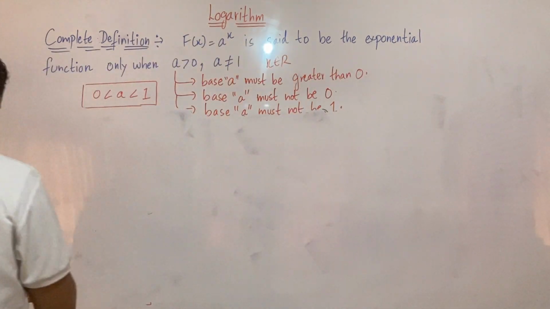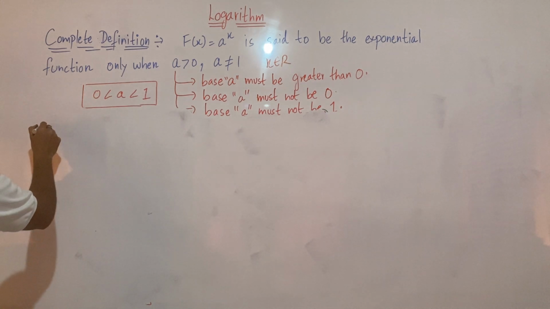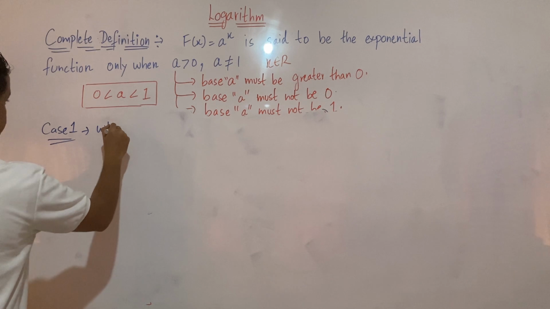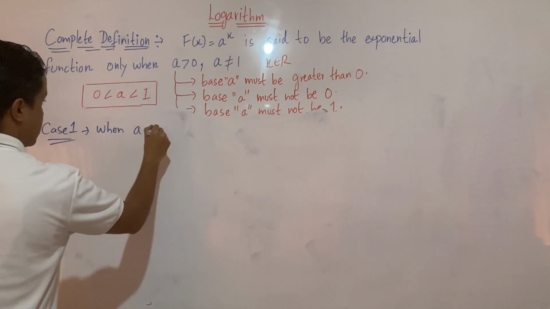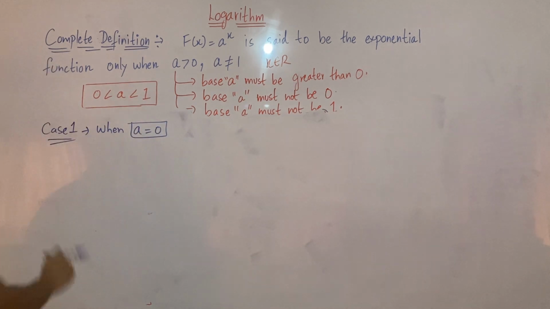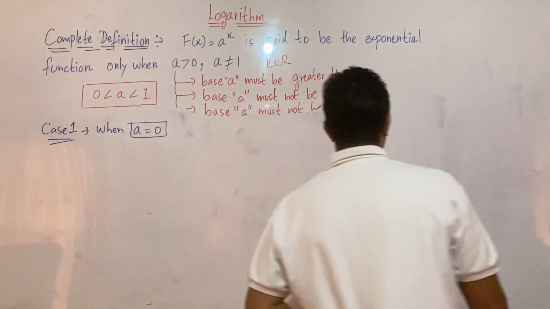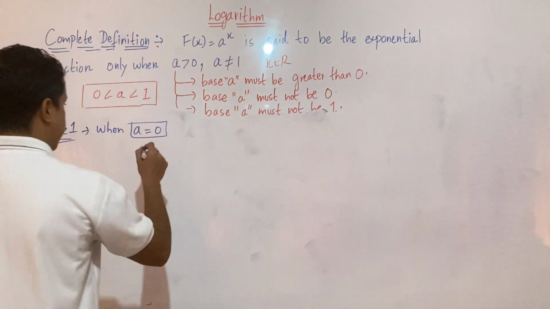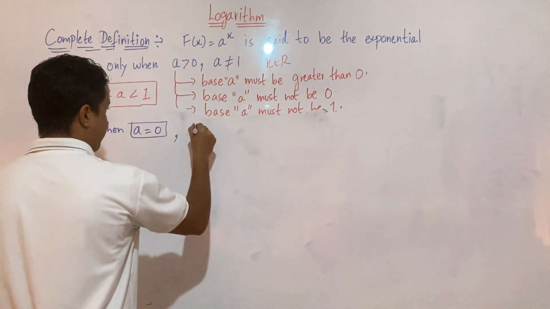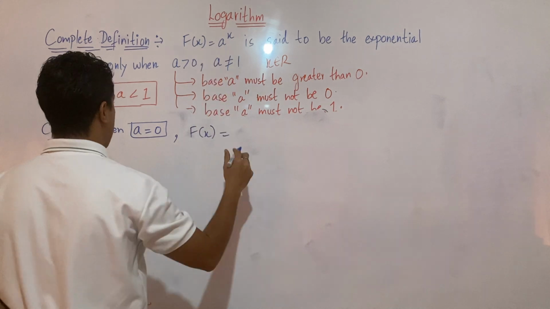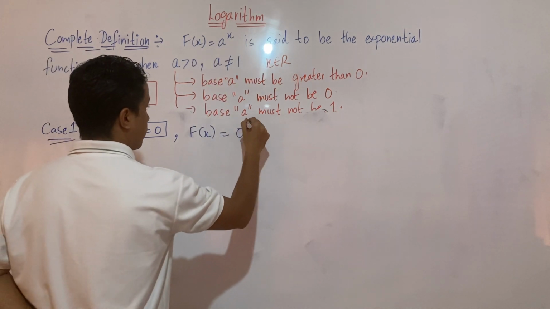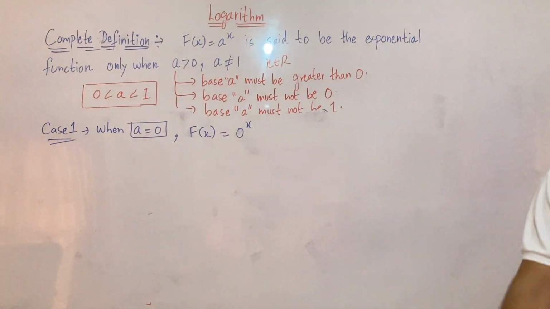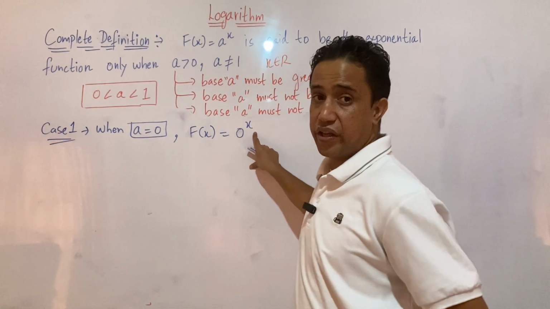So my first case, case 1, is when a is equal to 0. Then f(x) would be 0 raised to the exponent x.